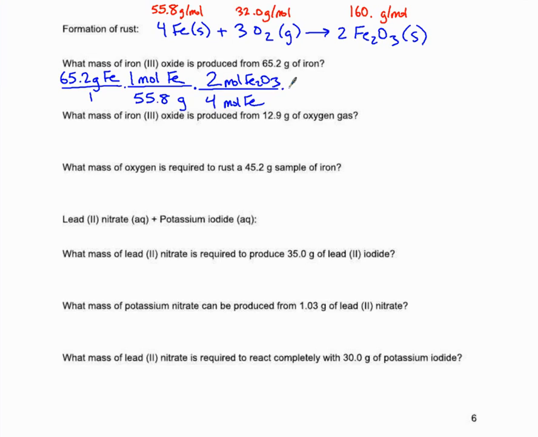So we have moles of this iron 3 oxide, but we want mass, which means we have to use the molar mass. Now that we're at this point, you can go ahead and put it in your calculator. Comes out to be 93.5 grams.